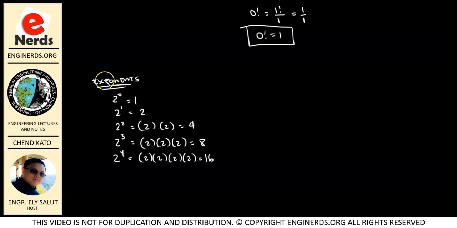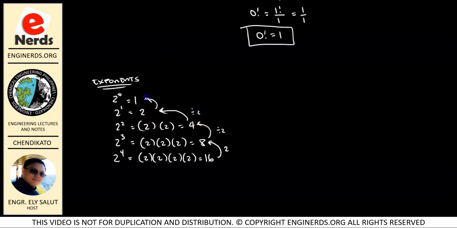So, bakit natin to nakuha, no? Let us consider this part. You have 16 here as a result for 2 with an exponent of 4. So, what can you observe here? 16, if you divide this by 2, which is the base of our exponent, you will get 8. 8, if you divide by 2, you will get 4. 4, if you divide by 2, you will get 2.